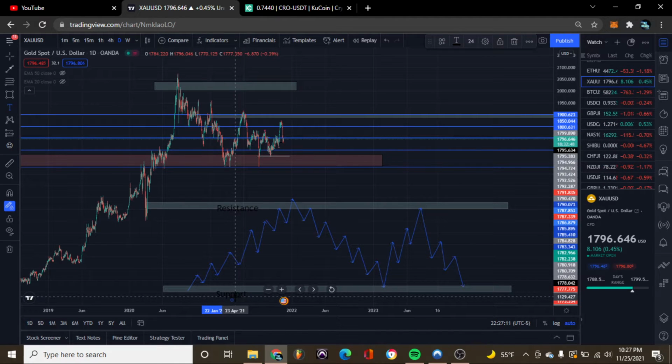Alright, so what this means is support and resistance are the levels that price makes massive moves from.